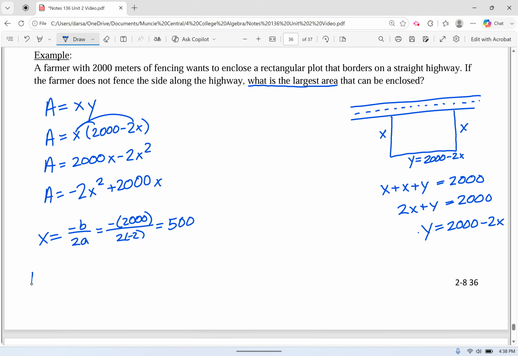To find the area, the a value, we're going to plug that x back into our equation, and that will be the y value of our vertex. So that is negative 2 times 500 squared plus 2,000 times 500, and we're going to pop that into our calculator just really quickly.